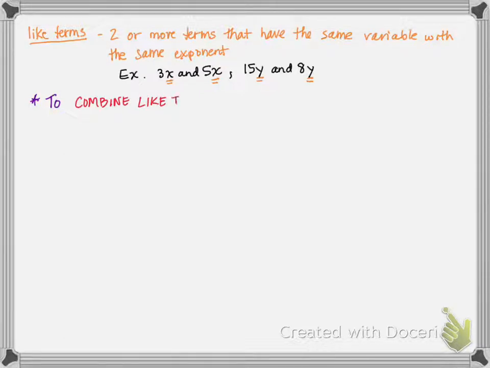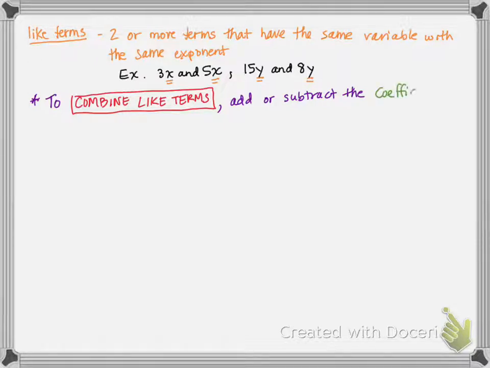So combine like terms. This is a phrase you need to understand. It's an action. So we're going to do some math with this one. You're going to add or subtract, depending on the sign. Oops, I don't know where I put that dot. Here comes our old friend we just talked about.